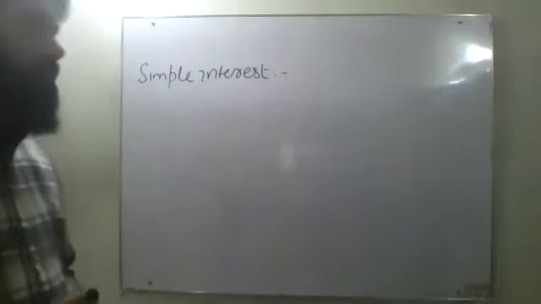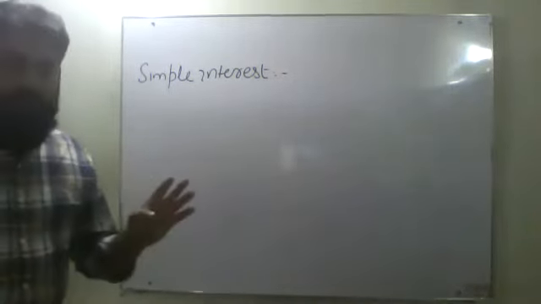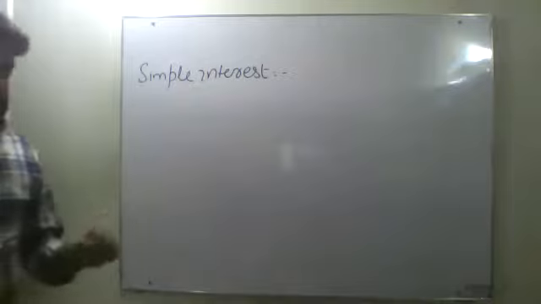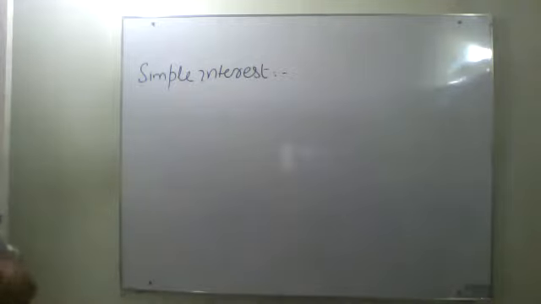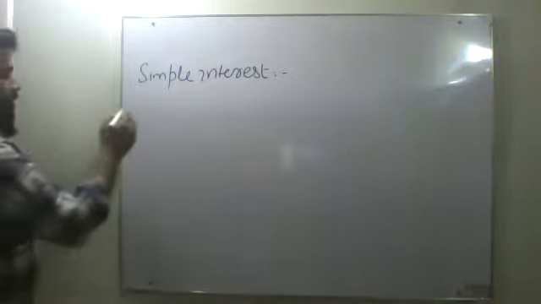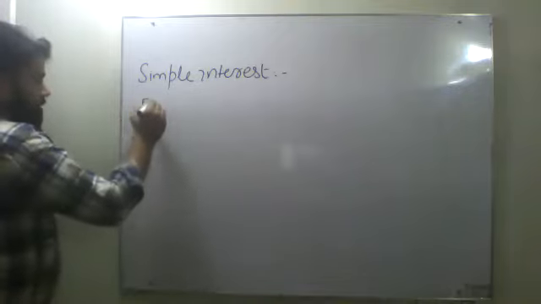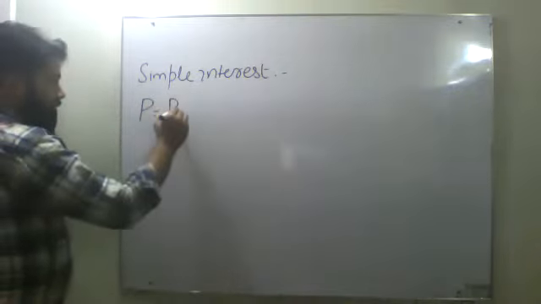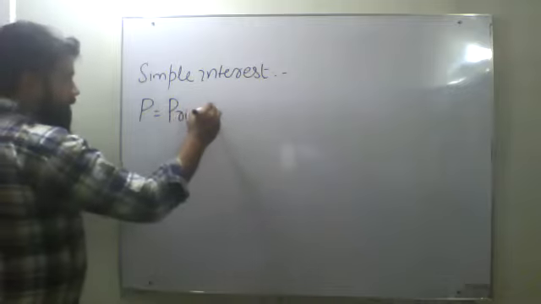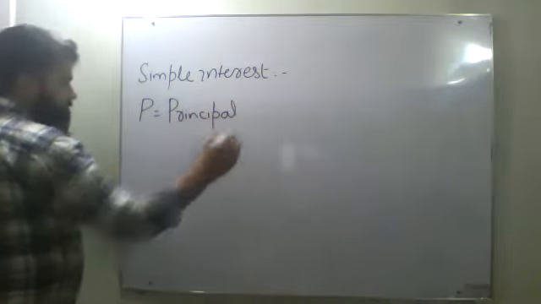Now in simple interest, there are four things which are connected with each other. First of all, I'm going to tell you the terms which I'm going to use. P will be used for principal amount.